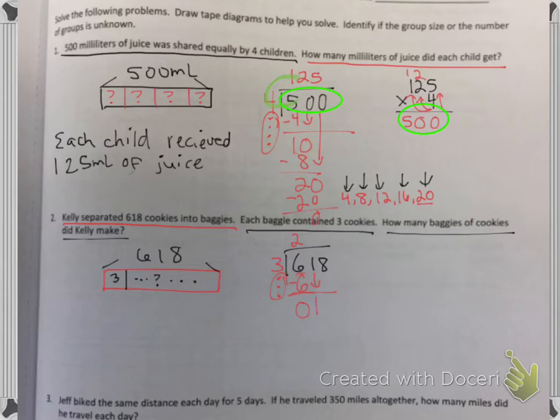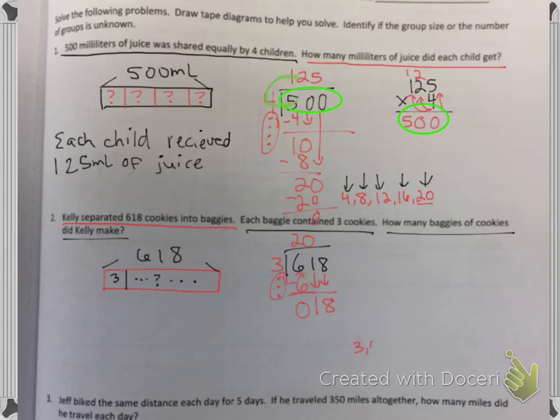Bring down that 1. And this is where we're going to have to use that placeholder, because we have 1. I need 3 dots. So we put a placeholder there, and we're going to put down that 8. And now we have enough to subtract. However, I am not going to put 18 dots. This is where we can use our skip counting to help.